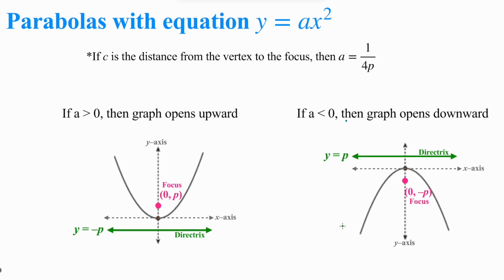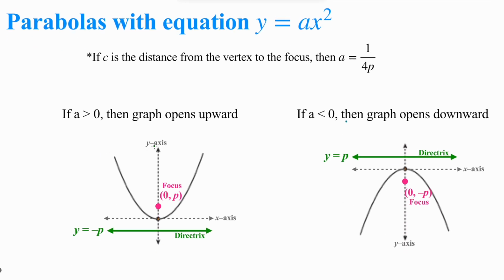If a parabola is opening up or down, then it is going to be in the form of y equals some constant times x squared. And to find what that number might be, you will use this formula.